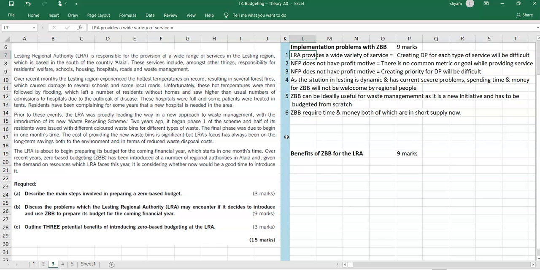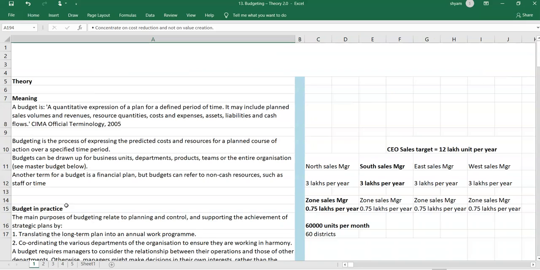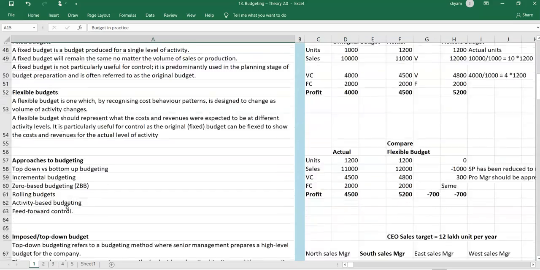Okay, let's see the benefits of ZBB. So the benefits, I think, would be easily classified. I think you can directly write what the benefits are, right? You can take it from the theory.